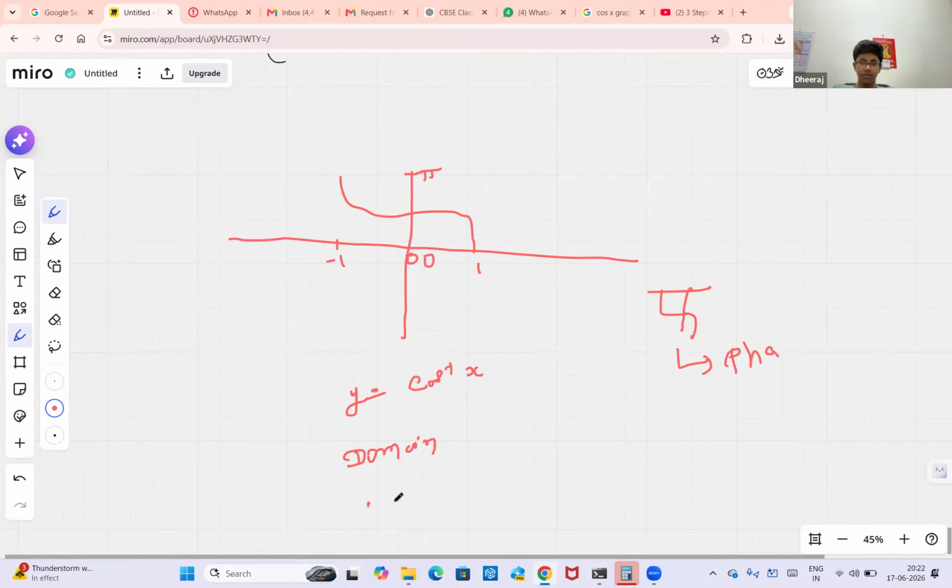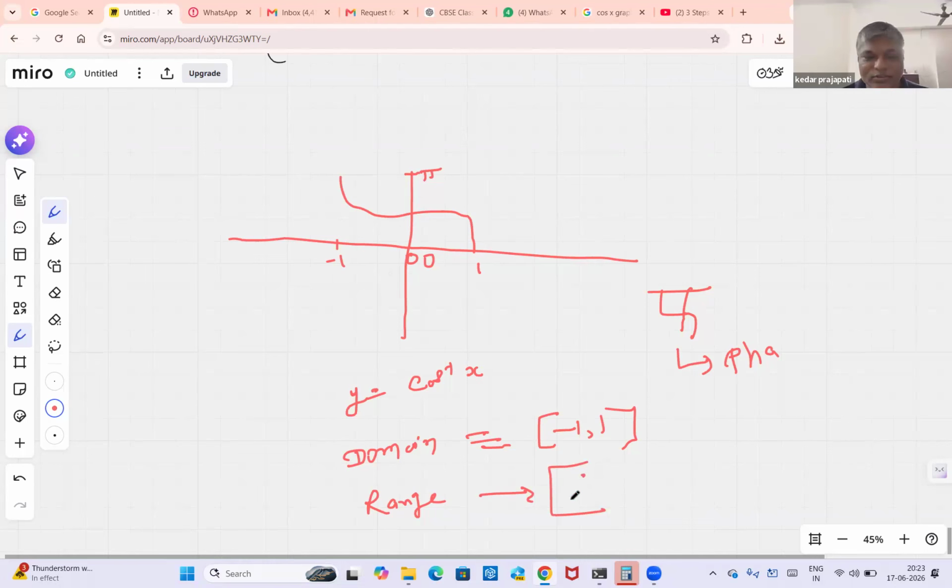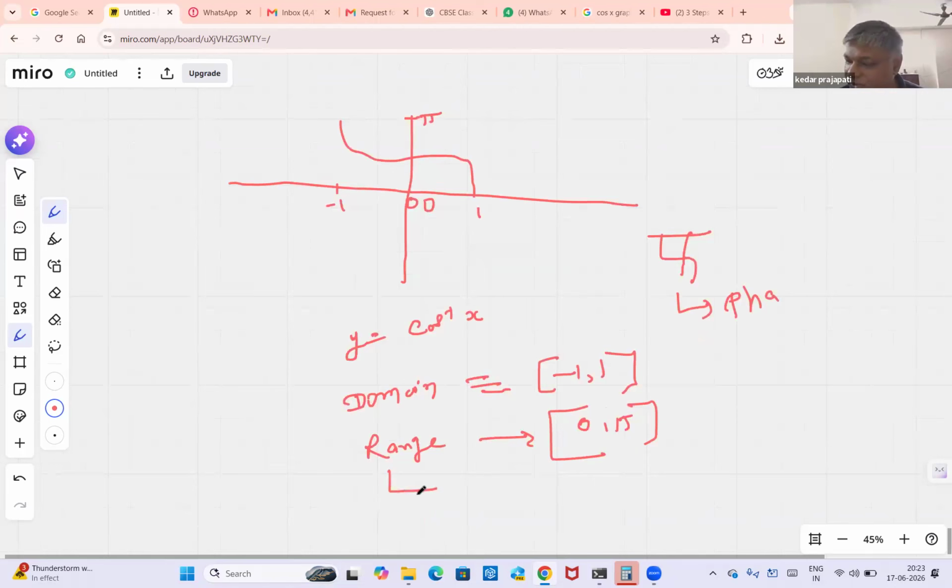Domain is always on the x-axis. This is -1 to 1 and range is 0 to pi. So this range is also known as principal value.